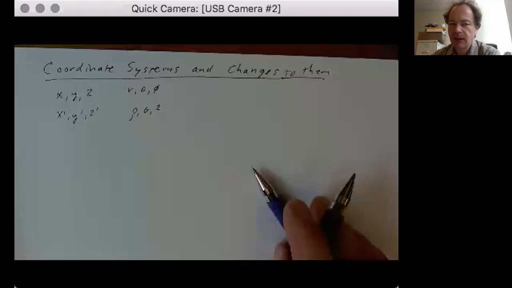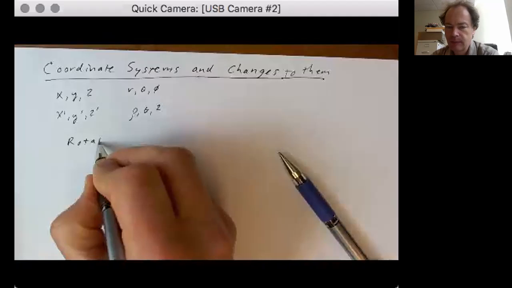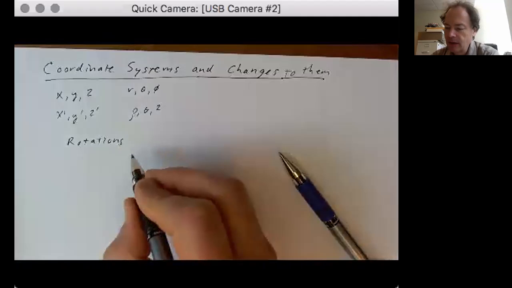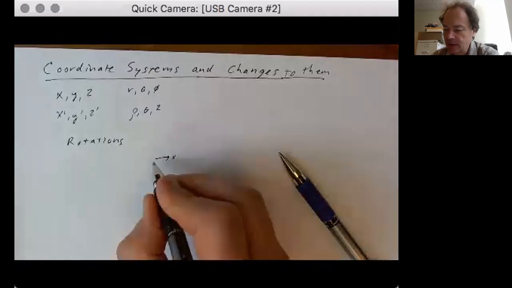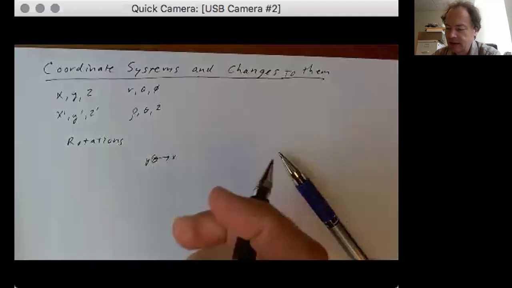Let's first talk about rotations. And rotation, of course, might have x. Well, we want it to be a right-hand coordinate system, so if we make y go away from us, then x cross y is z.